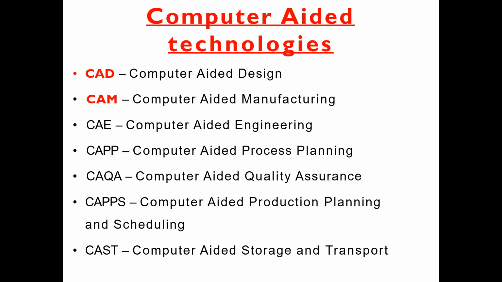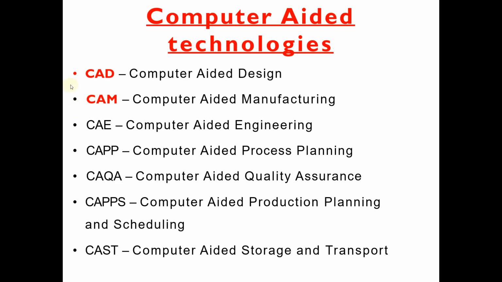Now these are the different CAD technologies or computer-aided technologies which you come across frequently. You might have heard some of these names: CAD, computer-aided design, computer-aided manufacturing, computer-aided engineering, computer-aided process planning, computer-aided quality assurance, computer-aided process planning and scheduling, and computer-aided storage and transfer.